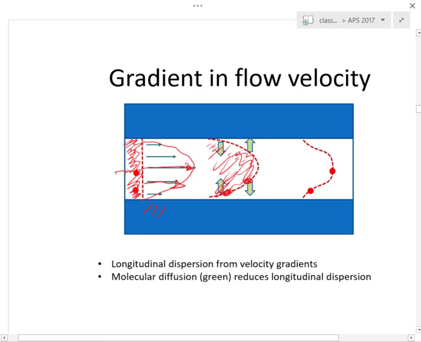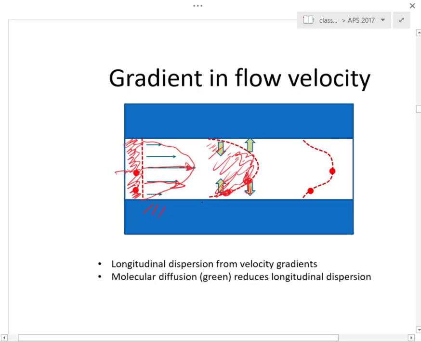Well, what will happen when this occurs is that you'll have a concentration gradient here, so you'll have diffusion that responds to this concentration gradient, and that'll cause some spreading like this. So there'll be diffusion that happens if the time scale is long enough relative to the length scale, that tends to spread this out a little bit and tends to smooth out some of this dispersion.